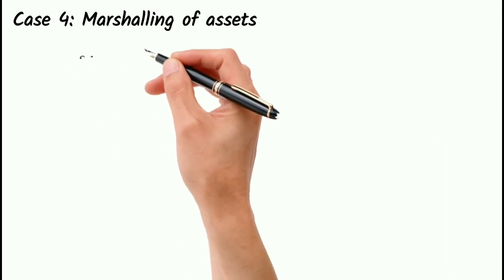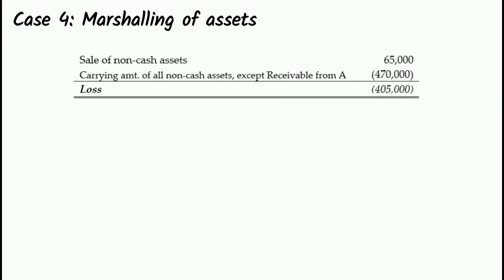In case 4, marshaling of assets, we need to compute first the loss on sale. The non-cash assets are sold for 65,000 pesos. So yung proceeds ay 65,000 pesos. Ngayon, yung proceeds na 65,000 pesos, i-compare natin yan sa carrying amount ng lahat ng non-cash assets para ma-determine natin kung meron bang gain or loss.